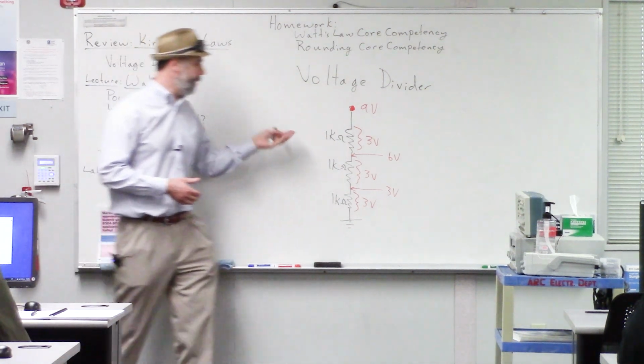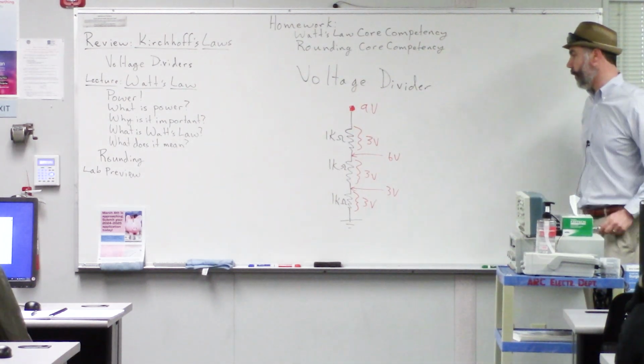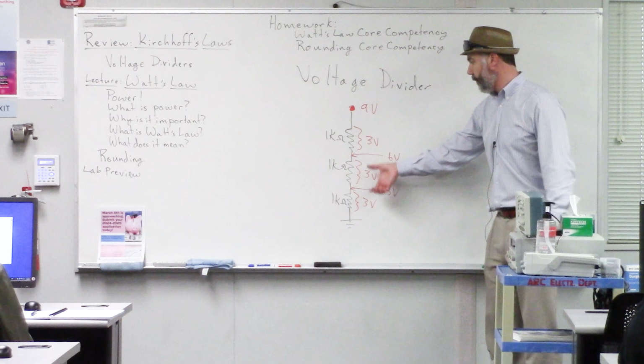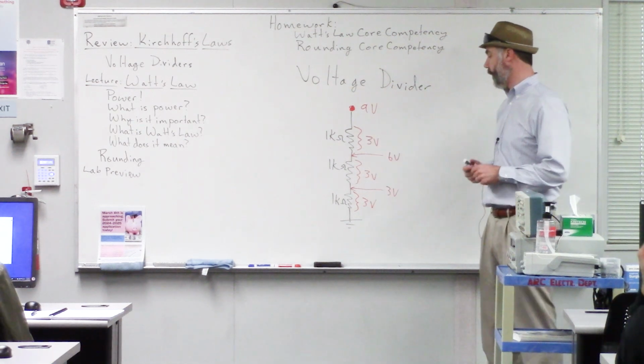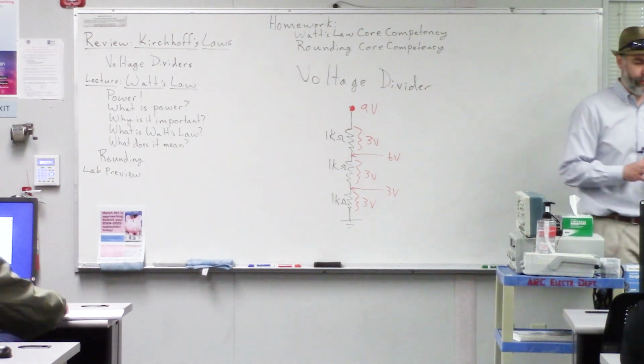Okay, now that's if the resistance values are all the same. If they're all the same, they get equal share of the voltage. Now, if they are different, then they get a proportional share of the voltage.